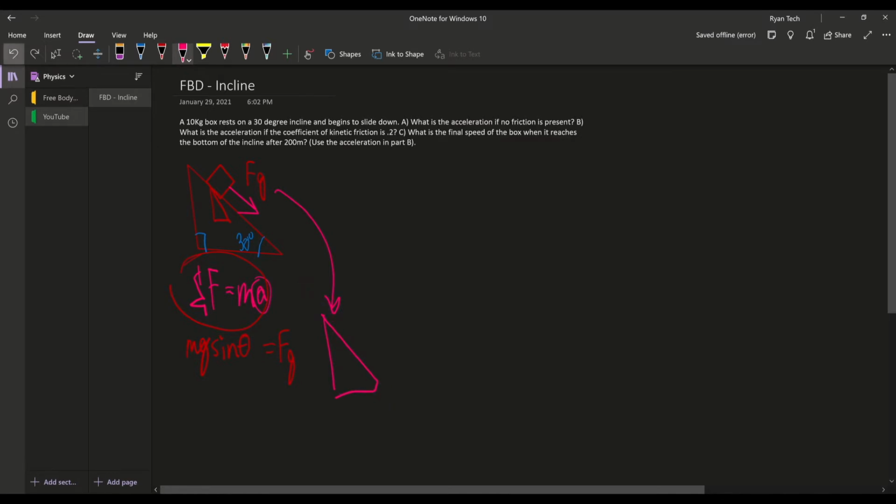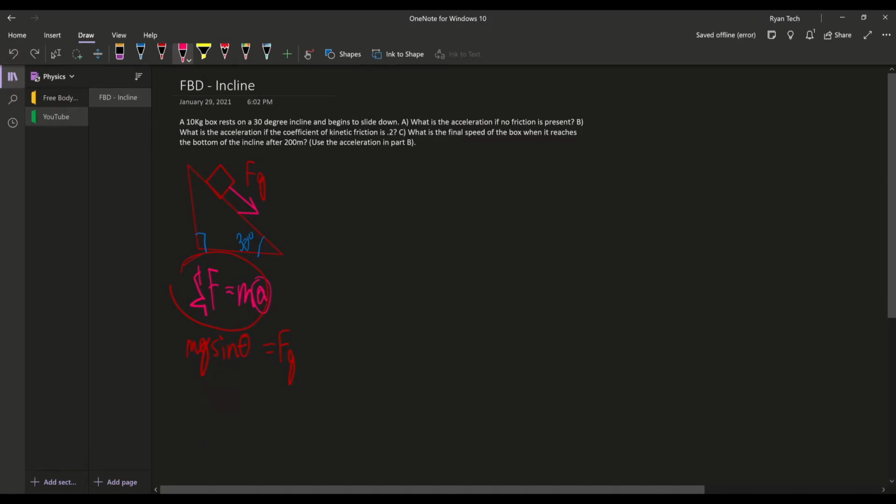If that doesn't make sense, don't worry, we have other videos that explain this. As a bit of a review, this is our triangle, that's our theta. Opposite over hypotenuse represents the flow of Fg, because that's the direction of Fg going towards there. Those are the directions. Hopefully that was a clearer explanation. Mg sine theta is equal to Fg.